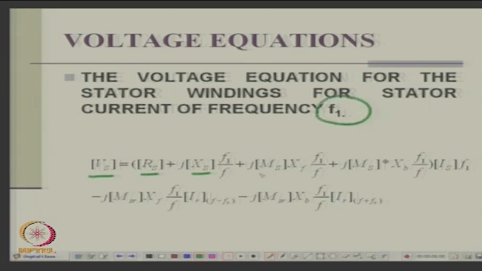Then we defined a coefficient matrix, forward self coefficient matrix, backward self coefficient matrix, which will be MS and MS star, then MSR and MSR star, for the frequency. Is it okay? This we wrote last lecture.